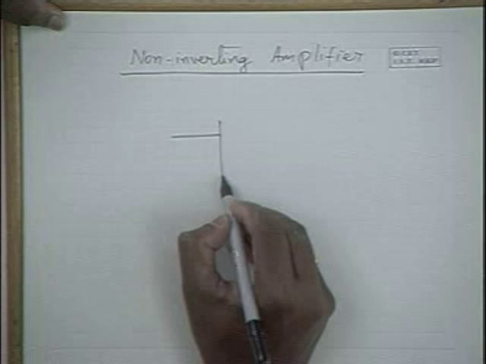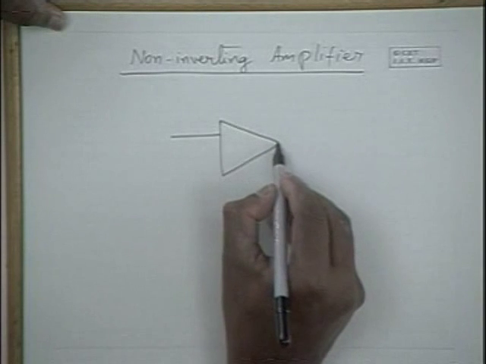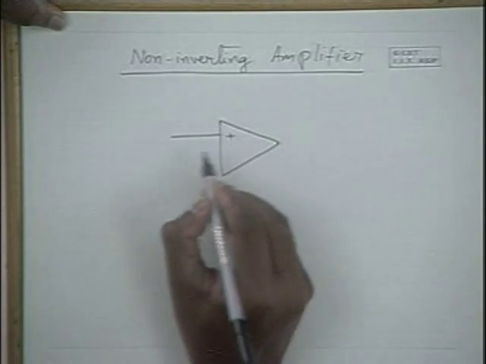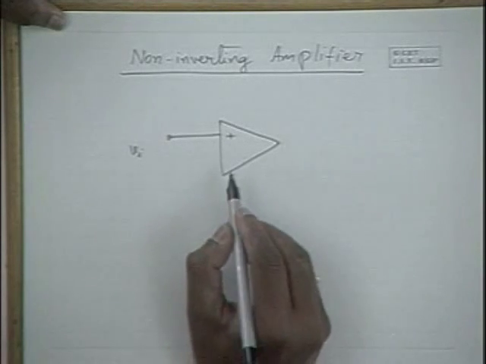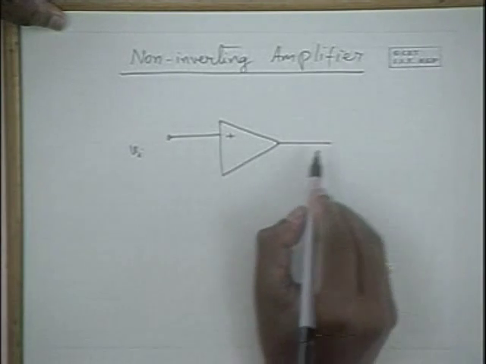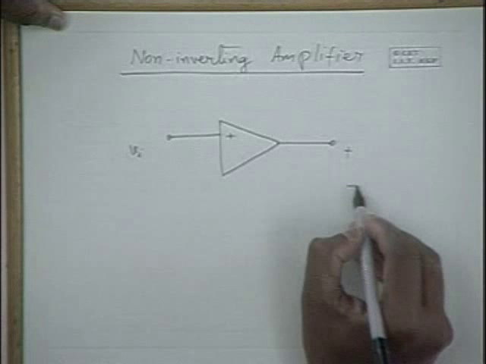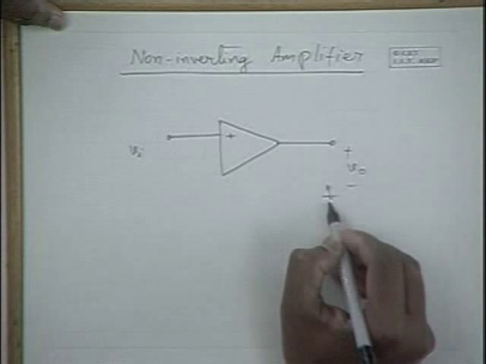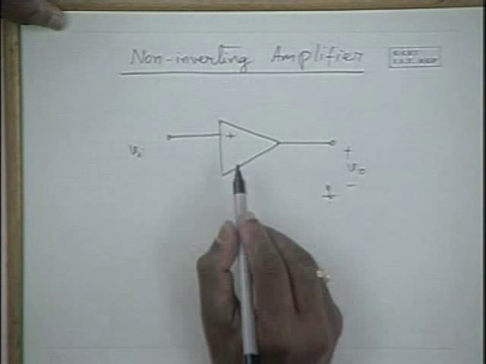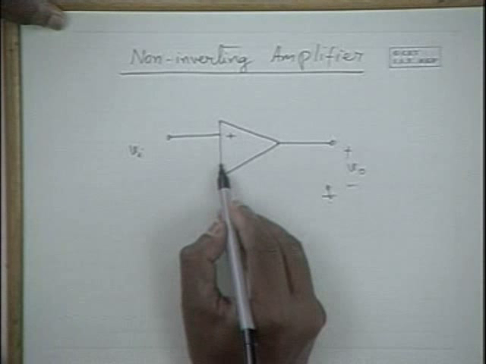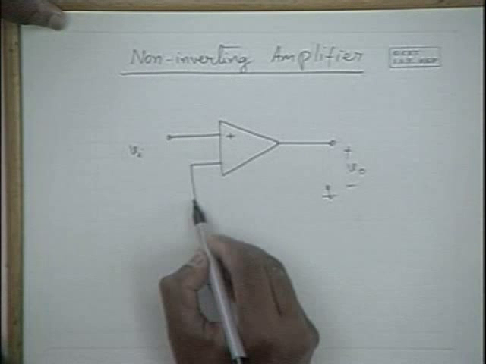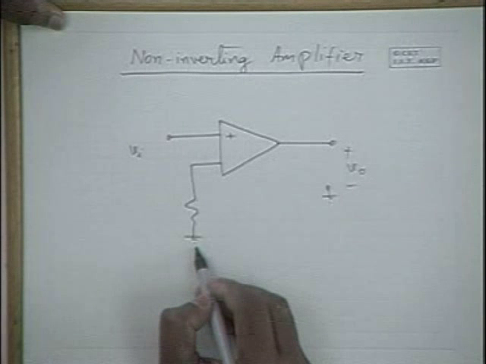So this is the circuit diagram of a non-inverting amplifier. Naturally, we apply the input signal to the non-inverting terminal, and we take the output from the output terminal, and the feedback is negative because we want stable amplification.